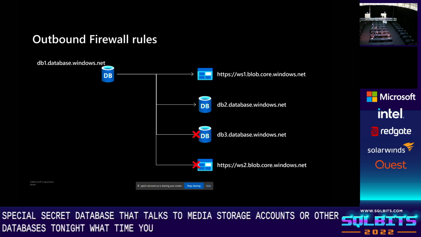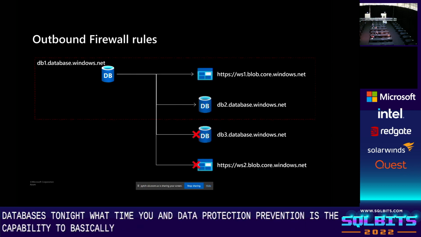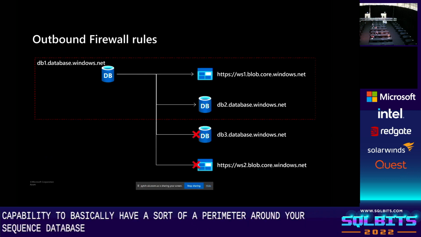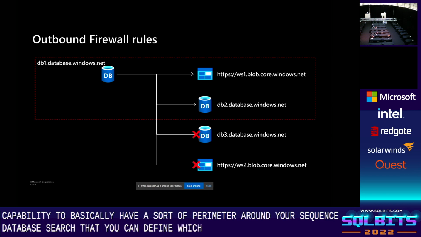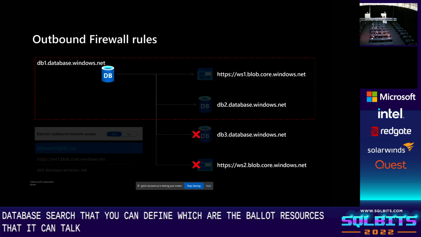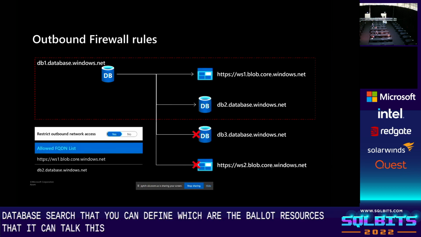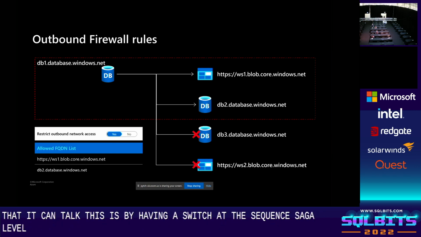Data exfiltration prevention is the capability to have a perimeter around your SQL database such that you can define which are the valid resources that it can talk to. The way we accomplish this is by having a switch at the SQL Server level, the logical server level, and an allowed FQDN list.